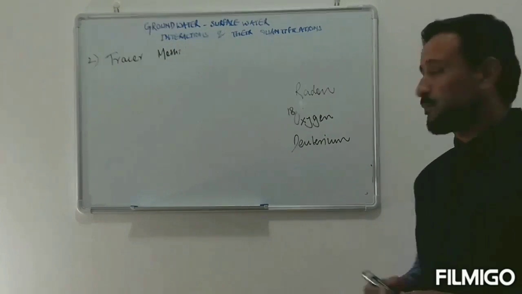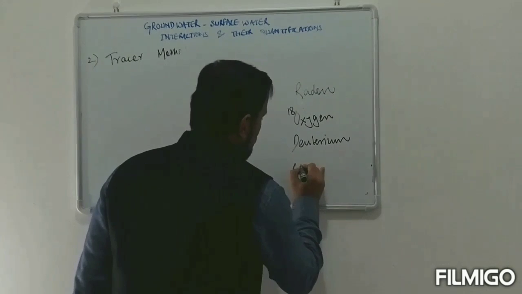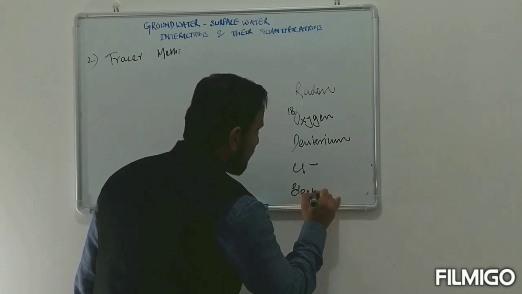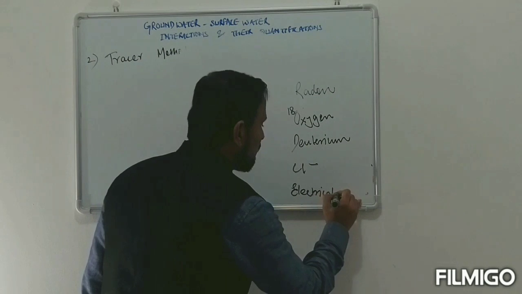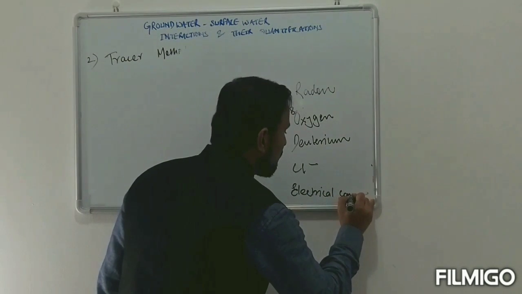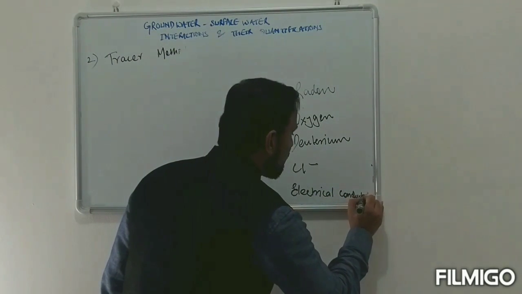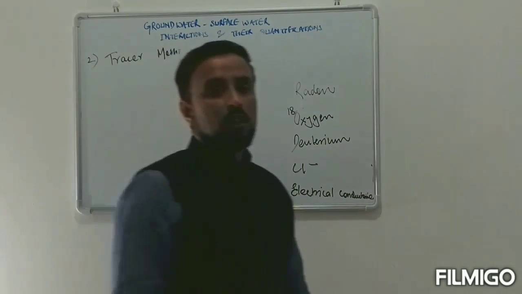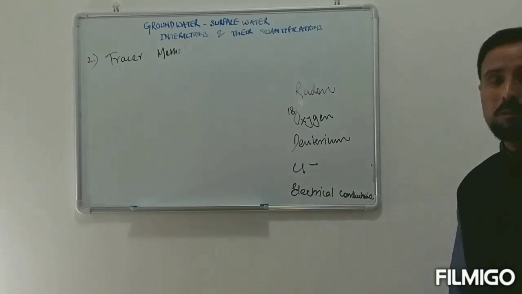Apart from it, chloride ion concentration and electrical conductance are also used in the tracer-based methods.